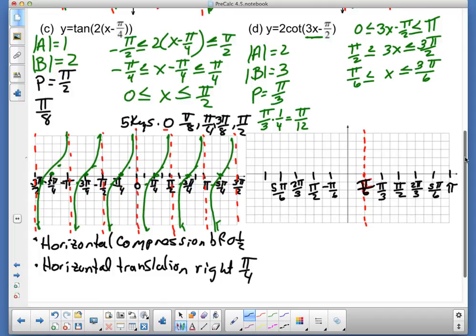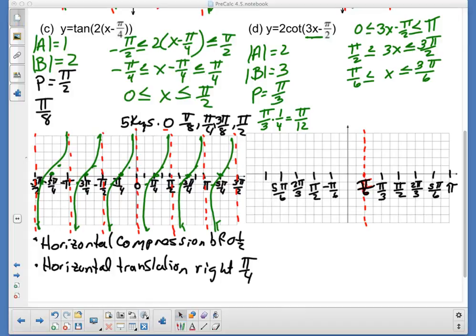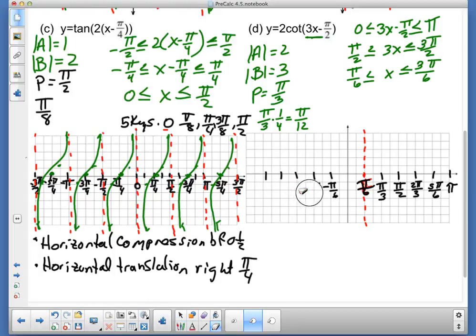Negative pi over 6. Ooh, I missed pi over 3. I missed pi over 3. We got to redo that. Negative pi over 3, negative pi over 2, negative 2 pi over 3, negative 5 pi over 6, and negative pi. Okay, so that's our negative.